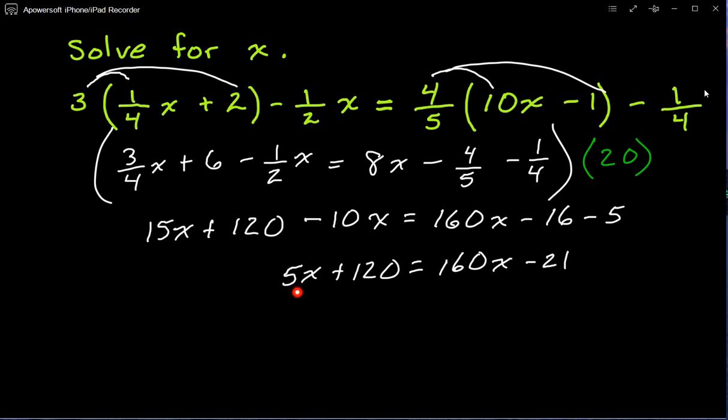We're now going to move 5x over to the left by subtracting it. That is 155x. We're going to move 21 over to the left by adding it, which is 141. And dividing will give us 141 over 155.